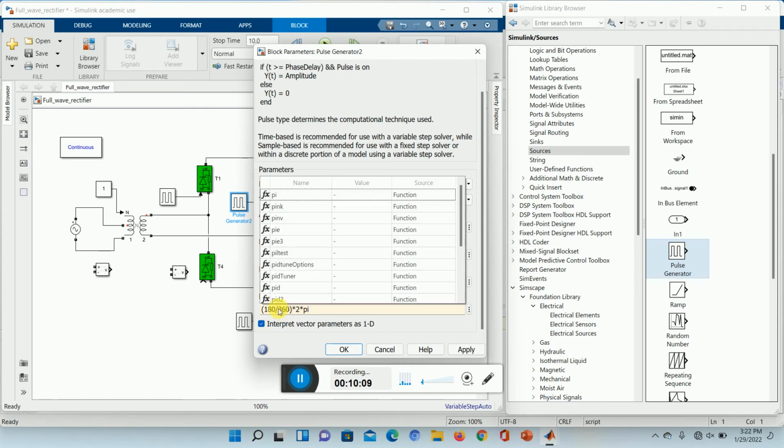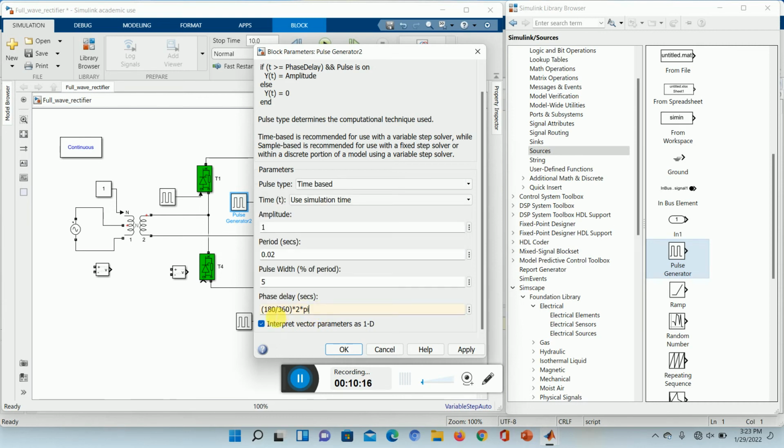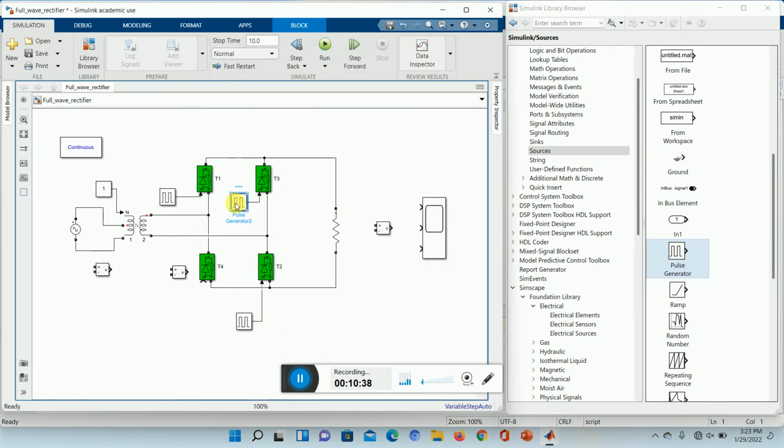I can write like this, or I can simply write pi. Only pi would be sufficient. Because we are writing in terms of time, so now this is not the right one. This 360 represents 0.02 seconds. I can write either 0.01 or like this. Same thing will be given to the other side here.